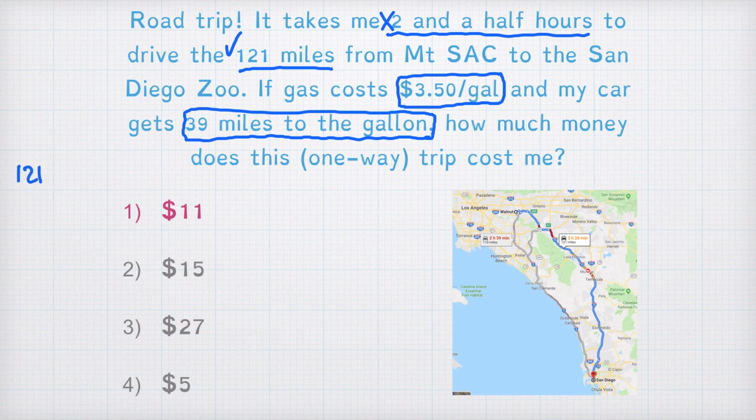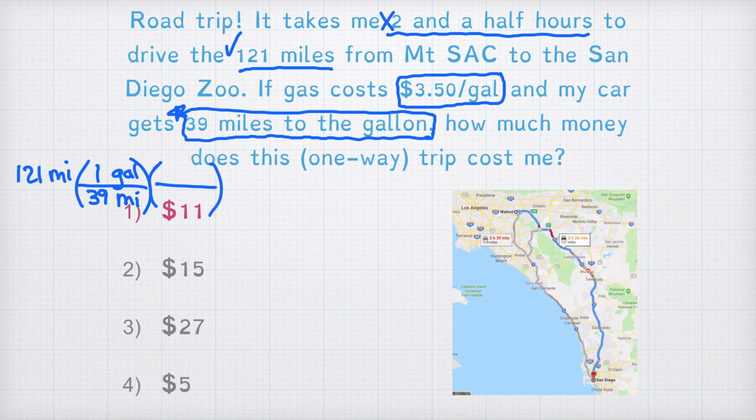If we start with 121 miles, then I know that we need to put miles on the bottom of the fraction. And then I go back up to the problem. I say, okay, well, what do I know that relates miles to something else? Well, I know how to relate miles to the gallon. And there are 39 miles per 1 gallon.